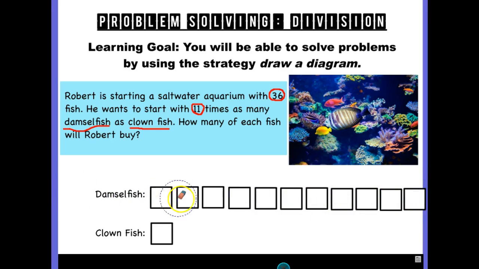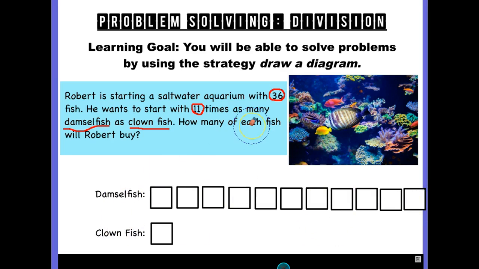So if I count here, 1, 2, 3, 4, 5, 6, 7, 8, 9, 10, 11. 11 times more damselfish than clownfish. I know I'm saying that a lot, but you really need to understand that because it says 11 times more, the category that has more is going to have more boxes.